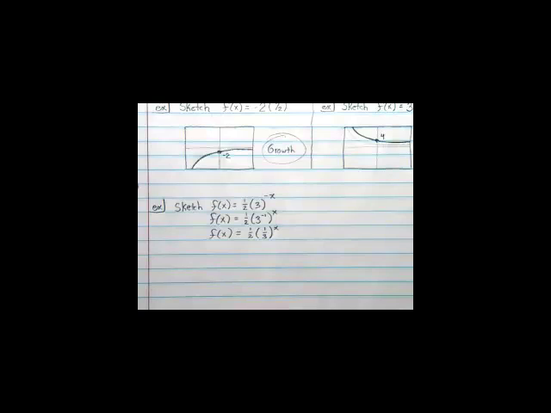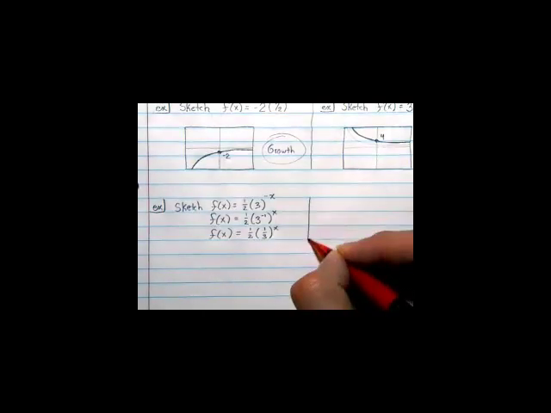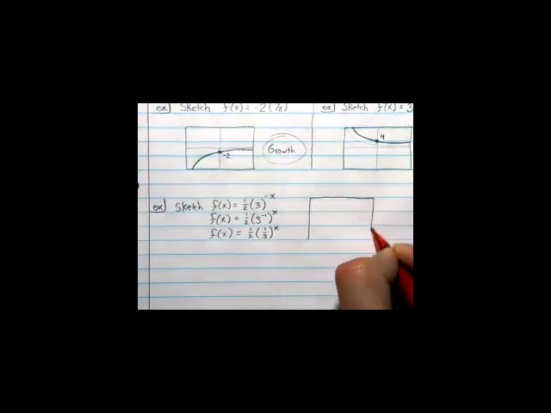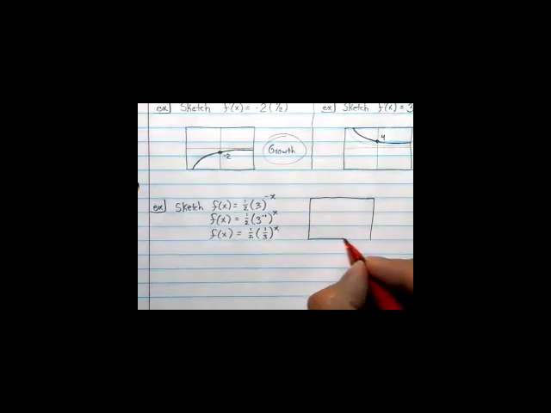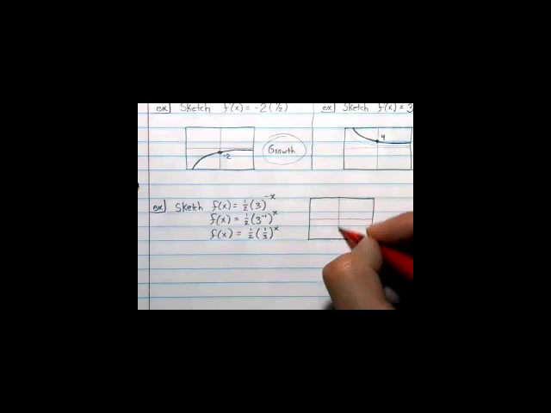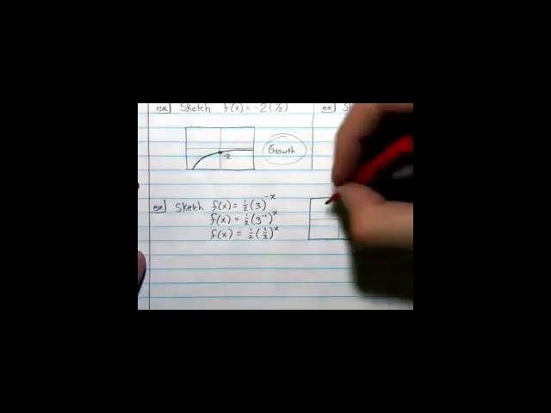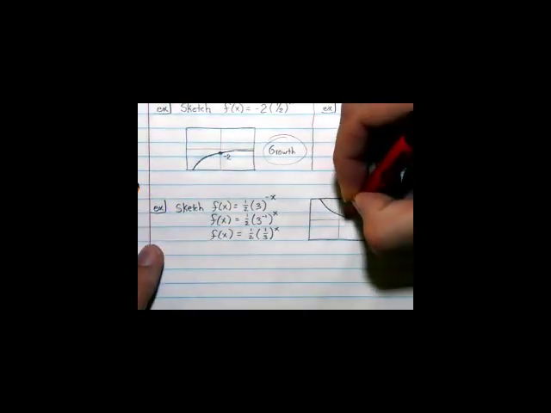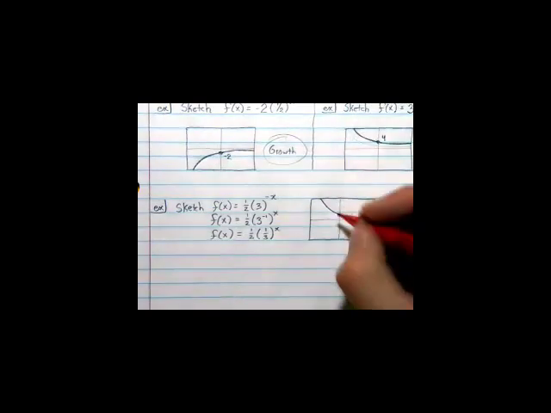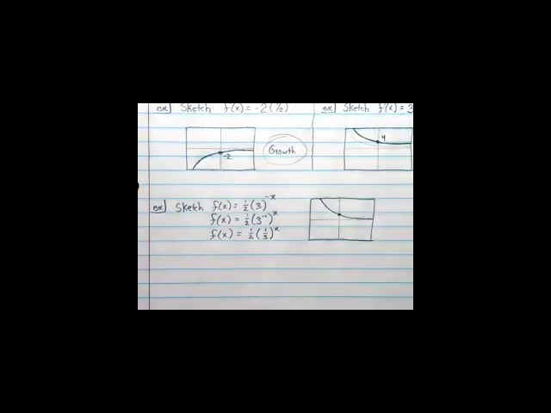Okay. So to sketch that then, we have a is greater than 0. Our base is between 0 and 1. So this is going to be second category again, right? B is a fraction. So it's going to look like this.